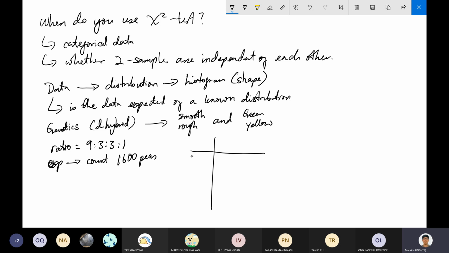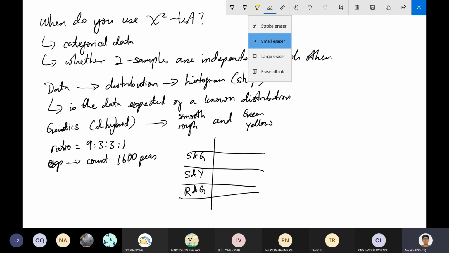Okay. So for example, here is what you have. Let me just erase all this away first. Okay. Big eraser.